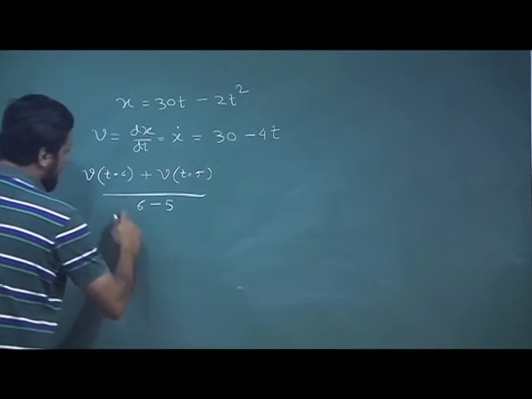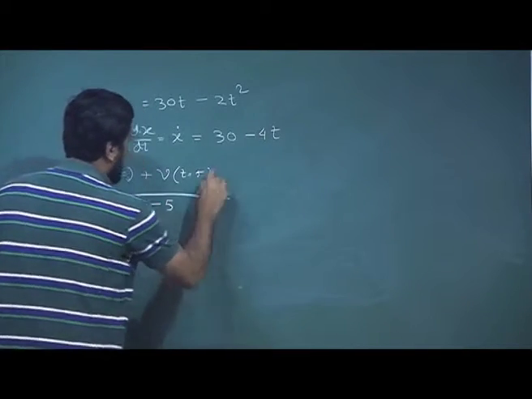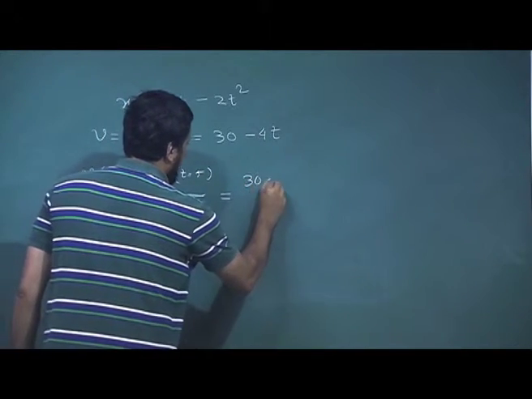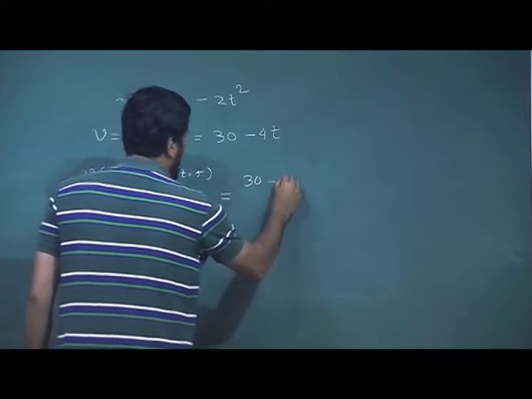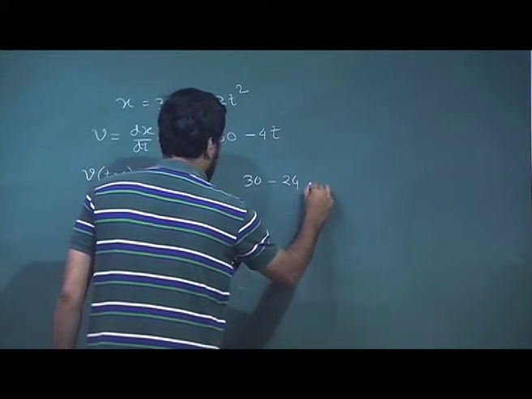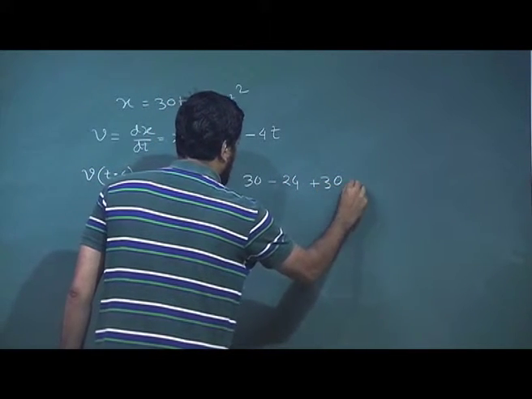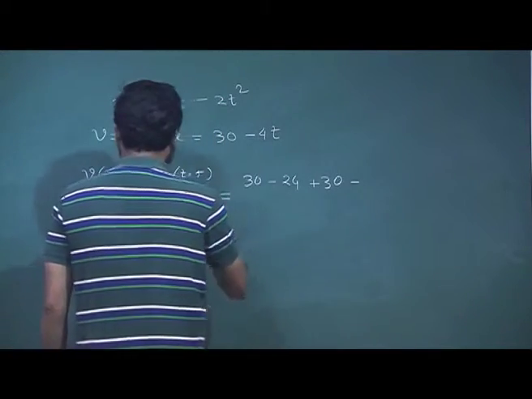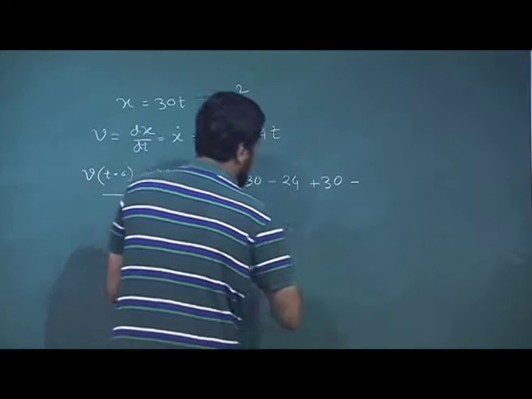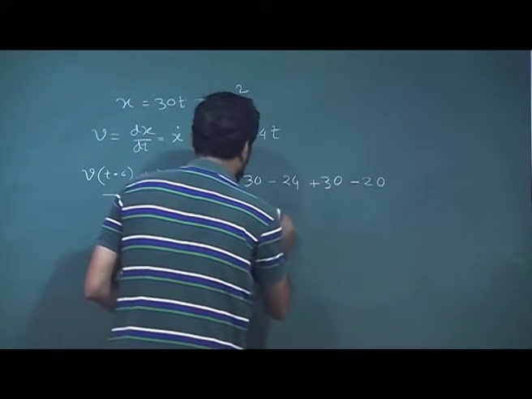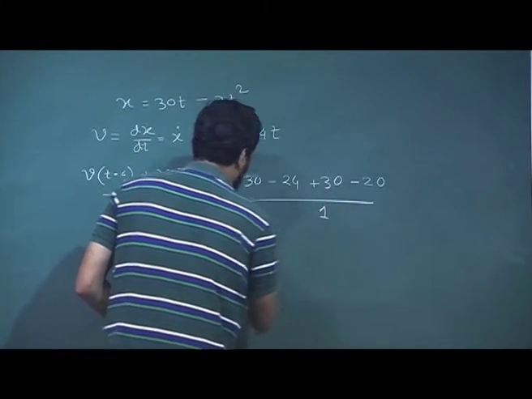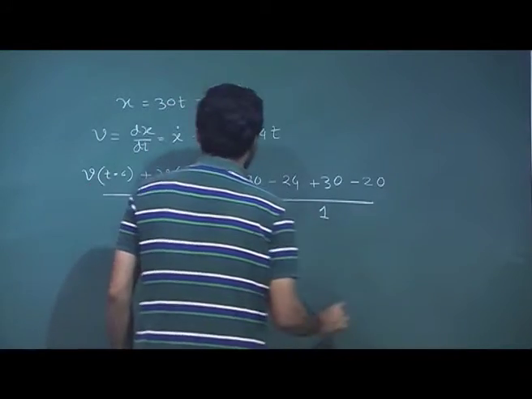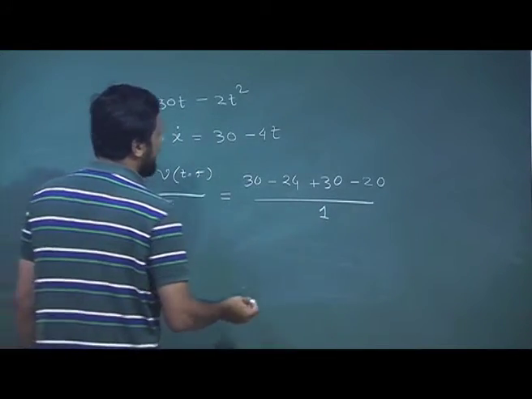So, in this case the denominator will be 1, and the upper part will simply be 30 minus 24 minus 30 plus 20, divided by 1, and let us assume that the unit is meters per second.